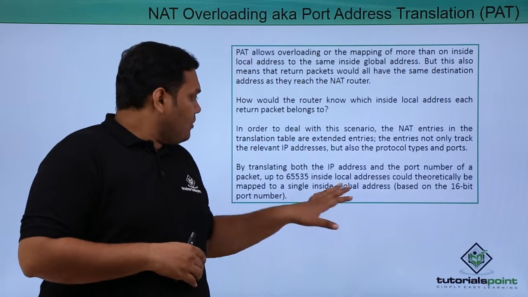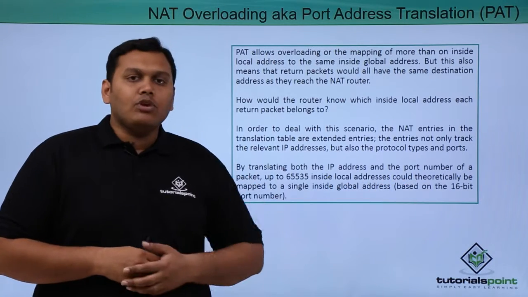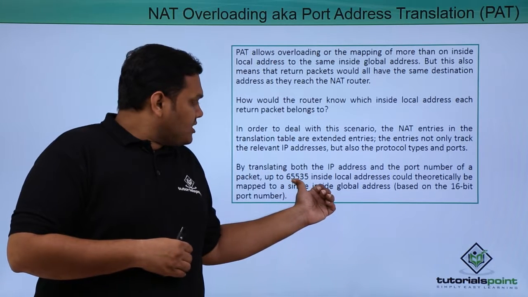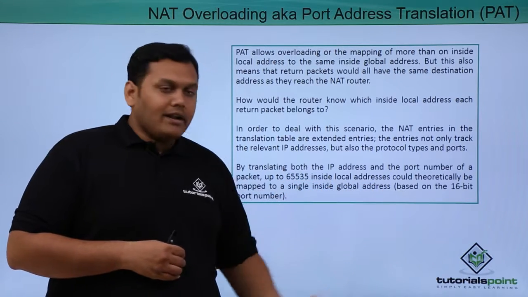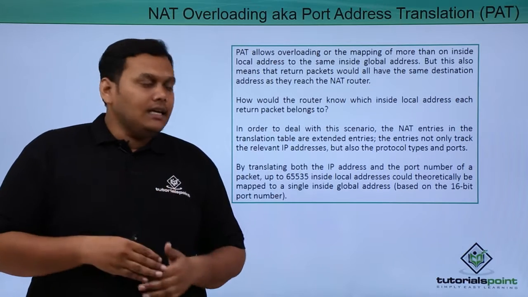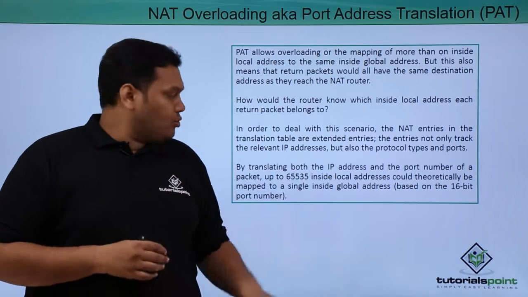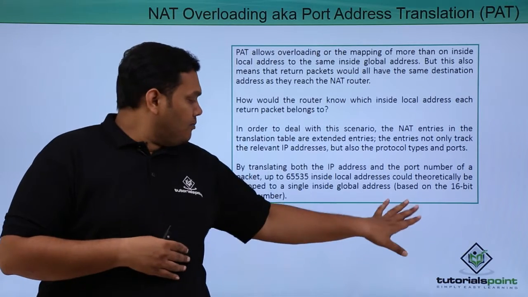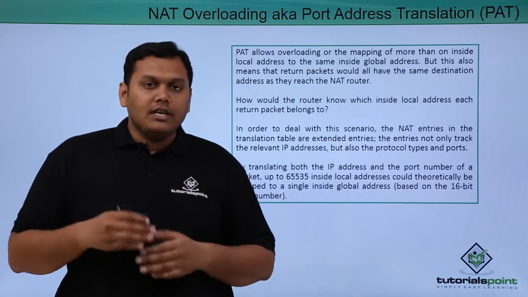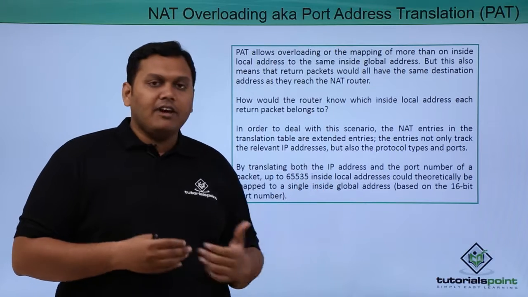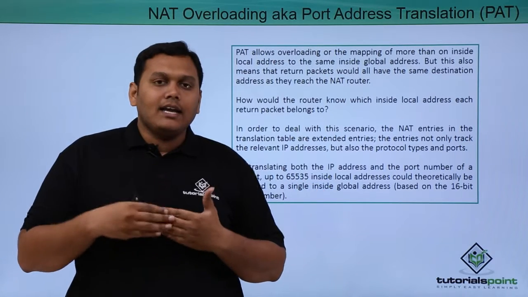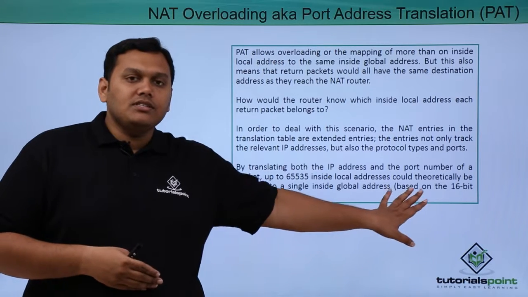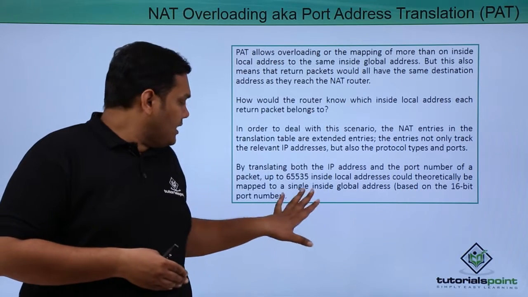By translating both the IP address and the port number of the packet, up to 65535 inside local addresses could theoretically be connected to the inside global address, based on the 16-bit port number.